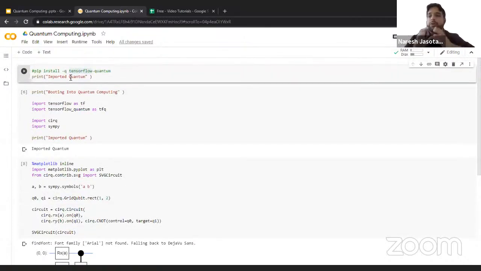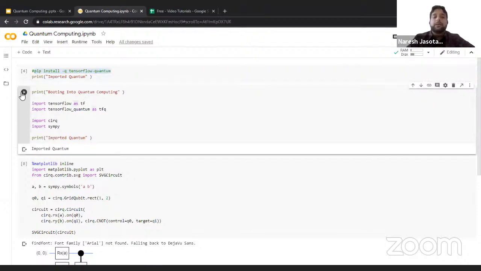So you are writing quantum code. Can you imagine? Probably 30, 40 minutes ago, you did not know quantum computing, and here you are looking at quantum code. You have to use pip install tensorflow-quantum. That is the name of the package. TFQ is the TensorFlow Quantum package. I have already done that, so I don't have to do it again.